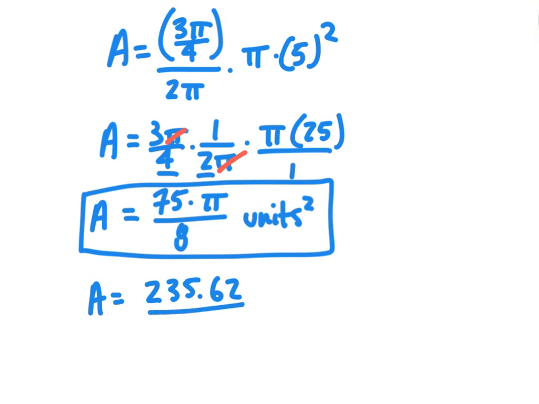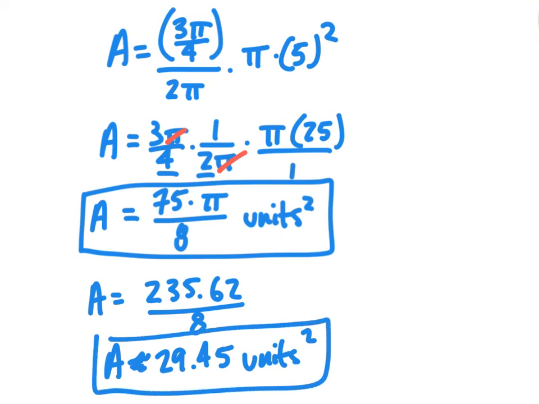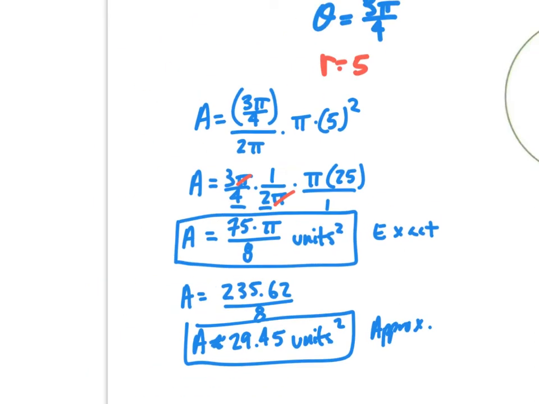And then if I divide that by 8, that'll give me a better approximation. Let me divide that by 8. And that's going to give me an area of my sector of 29.45 units squared. This is approximate. So this is exact, and this is approximate.